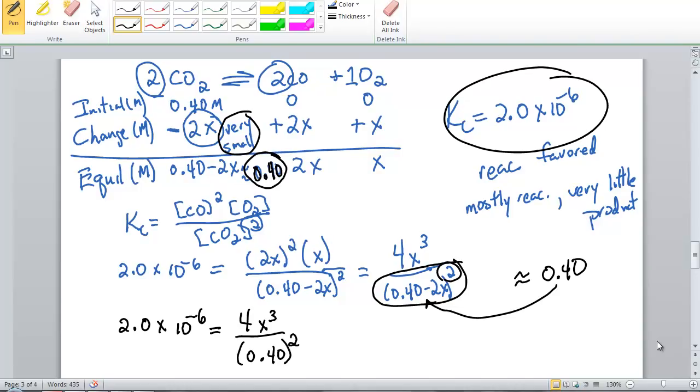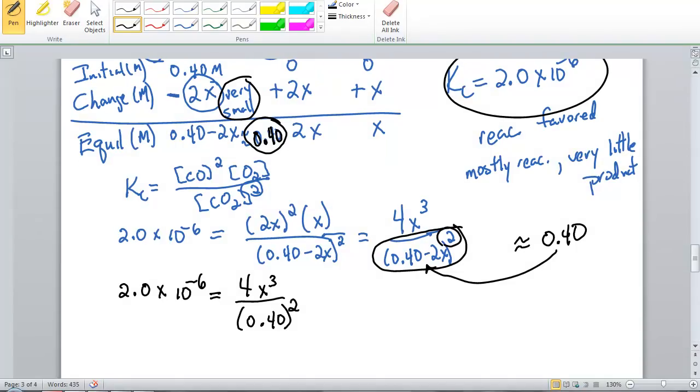Okay, because now all we have to do is go 0.4 squared times our K value. So let's do that. So 2 times 10 to the negative 6th. Oops, I did not punch that in my calculator correctly. Multiplied by 0.4 squared. All right, so this is 4x cubed.